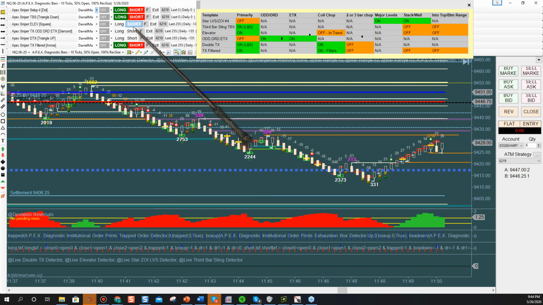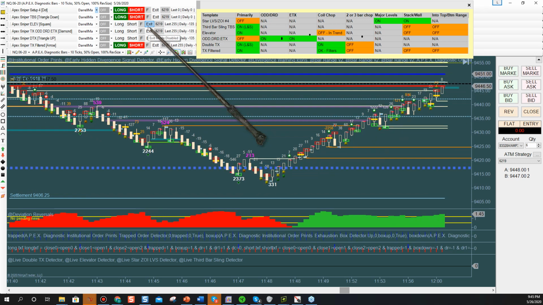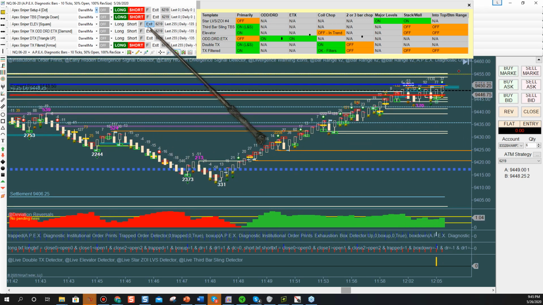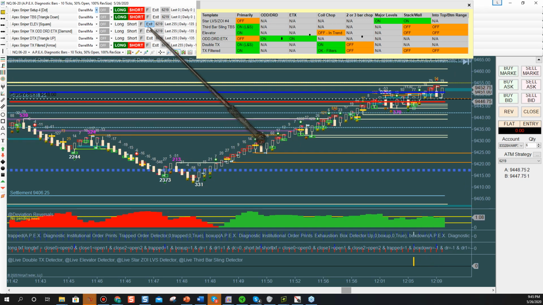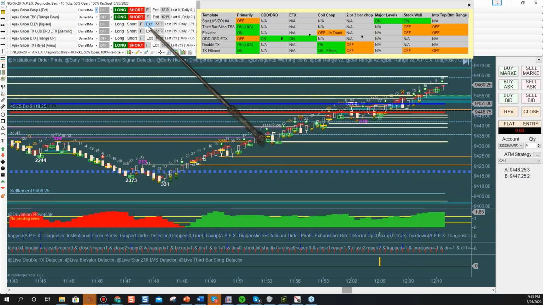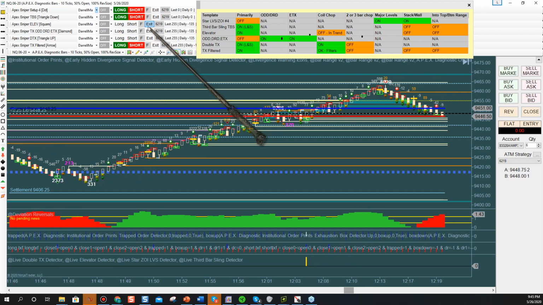No. Turn off your elevators. Now that elevator would have won, but should not have been on. And that's a bunch of crap to trade into. By the way, you can turn it back on over here.